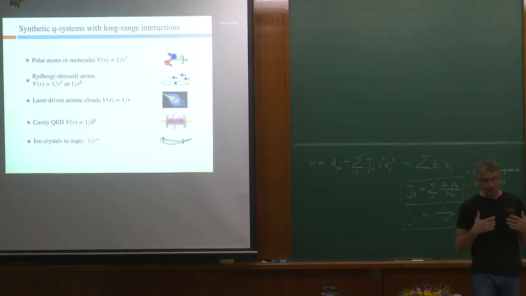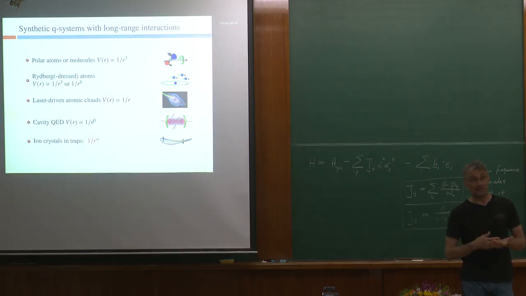So if you want to observe some kind of physics, the first question is preparation of initial states. For example, fully spin polarized states, like all spins up, is something that usually can be done very easily in these experiments.